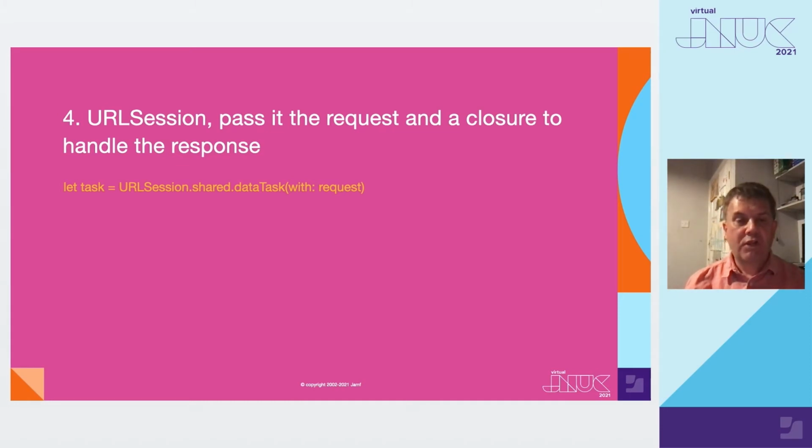So if you do URLSession.shared, you're going to get a session already created for you, and then we're going to append to it the type of task we want to perform. So in this case, it's going to be the data task. So we're going to create a session with data task, and we pass the data task the request. If you remember, which had the URL, it had the authentication, and it had the method we're going to be using.